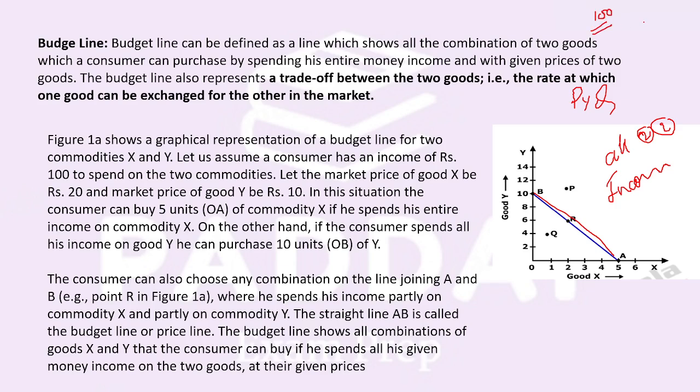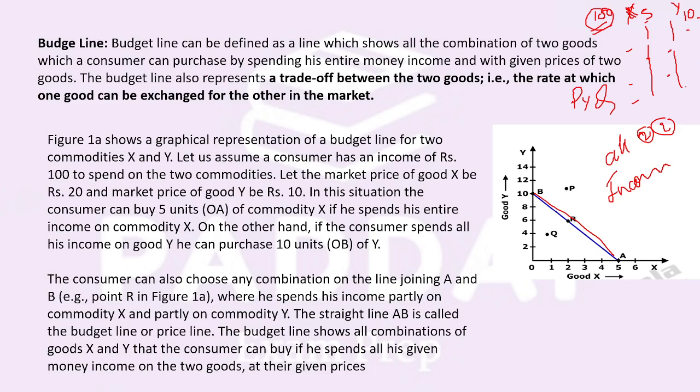X and Y are two products. X costs 5 rupees, Y costs 10. How many different combinations are possible? When this is shown on a curve, it is called the budget line.